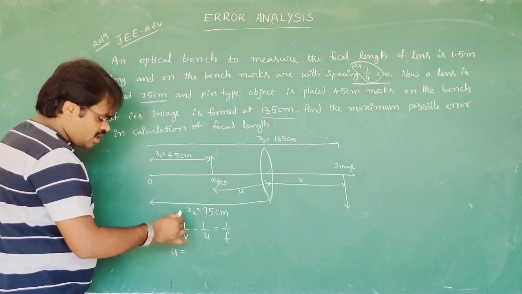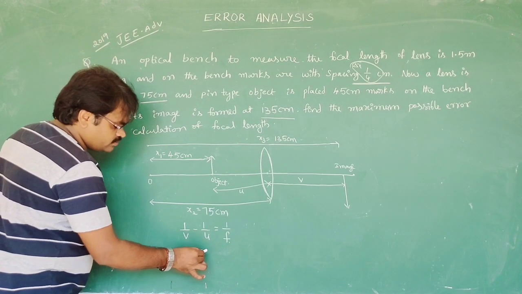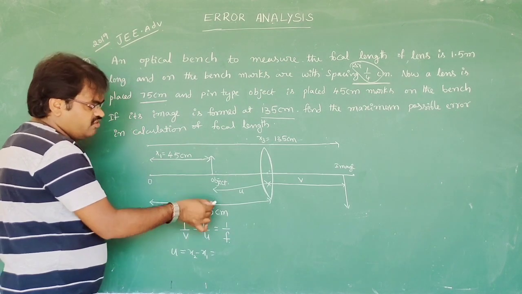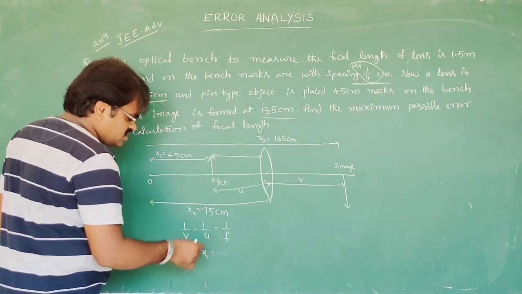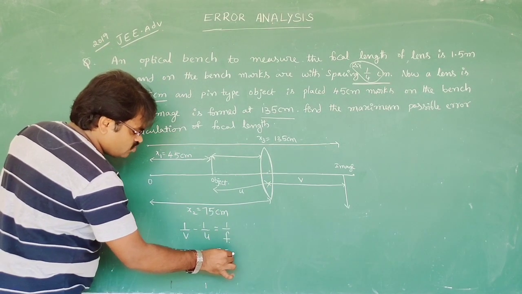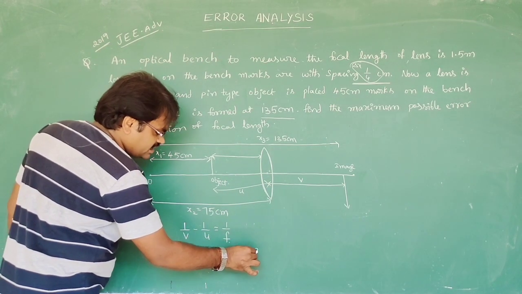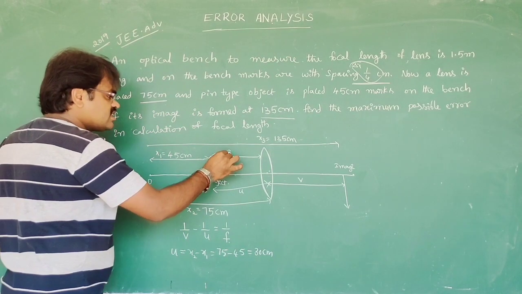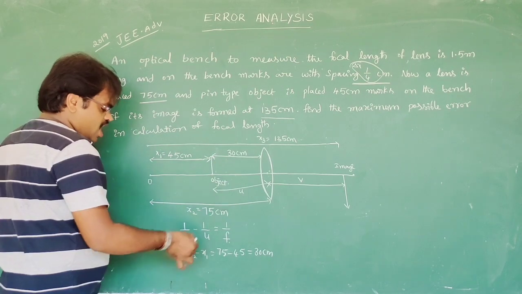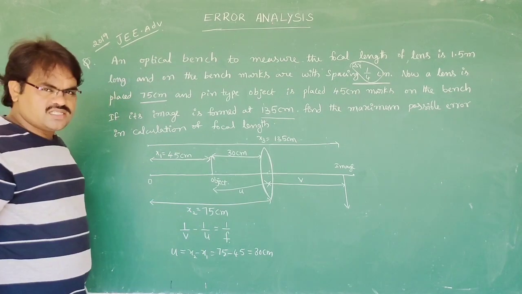So x2 minus x1, the difference, is 75 minus 45, which gives 30 centimeter. That 30 centimeter is the object distance.